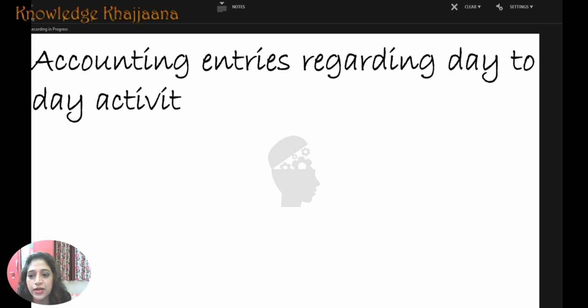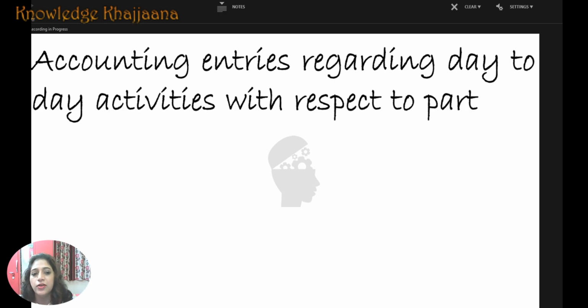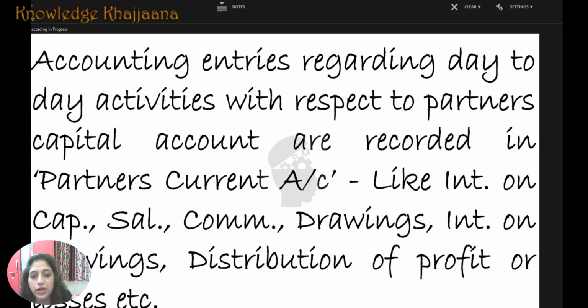Accounting entries regarding day-to-day activities with respect to the partners' capital account are recorded in the partners' current account. Like interest on capital, salary, commission, drawings, interest on drawings, distribution of profit and loss account, all are maintained in the partners' current account.